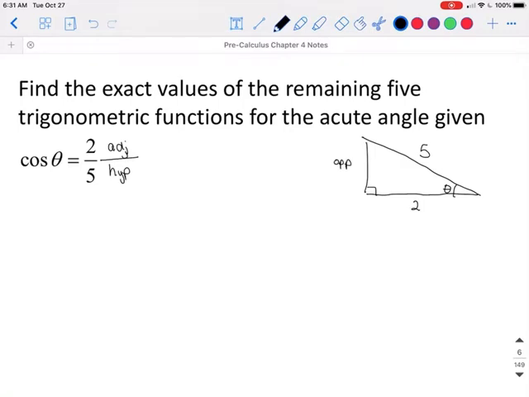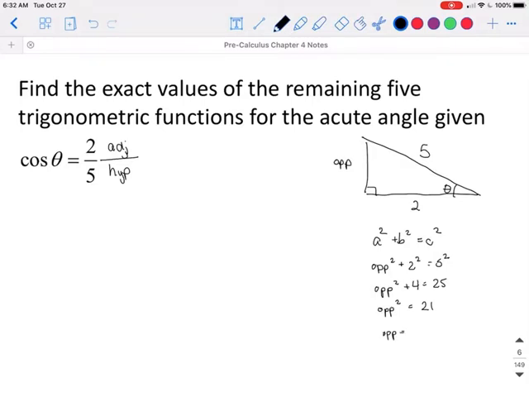Because this is a right triangle, we can use the Pythagorean theorem. We know that a squared plus b squared is equal to c squared, so our opposite side squared plus 2 squared is equal to 5 squared. If we take that 4 to the other side, we get that our opposite side squared is equal to 21.